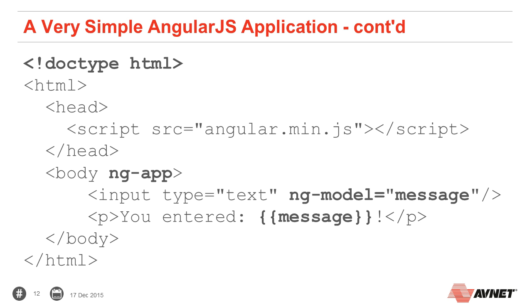But when I type something into this text field, like we saw in the previous slide, hello world, this model is going to get updated. This is all going to happen without me having to write any kind of synchronization code, which is something that you would normally have to do using, for example, jQuery.